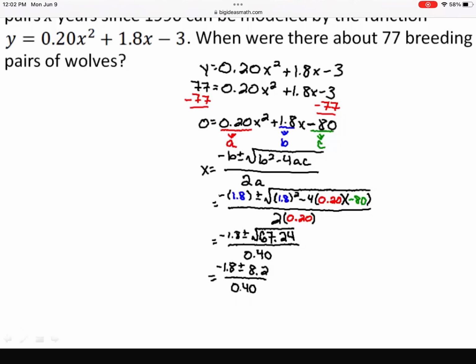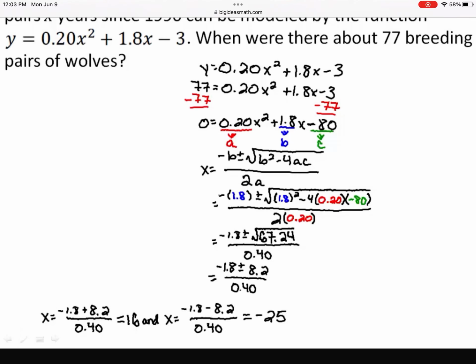So the solutions are x equals the quantity -1 8/10 plus 8 2/10 divided by 4/10, which equals 16, and x equals the quantity -1 8/10 minus 8 2/10 divided by 4/10, which equals -25.